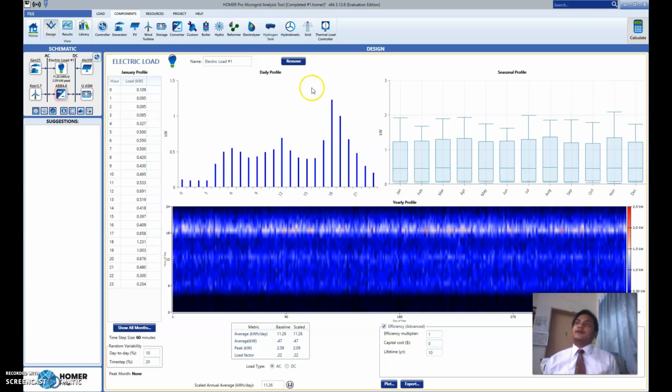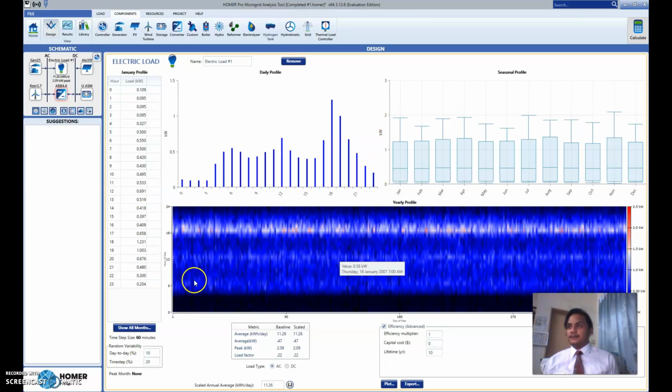In the daily profile, we can see that the highest is at 1.3 kilowatt. On the seasonal profile, the highest is up to 2.1 kilowatt.